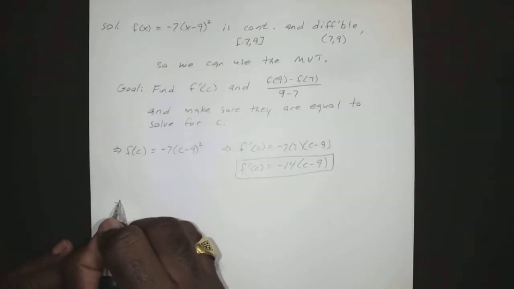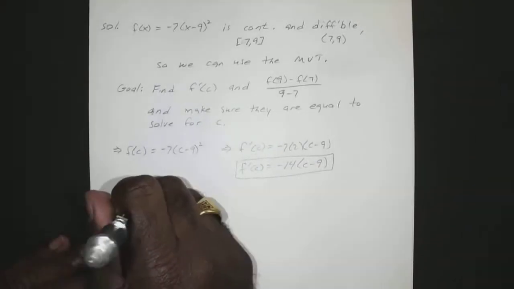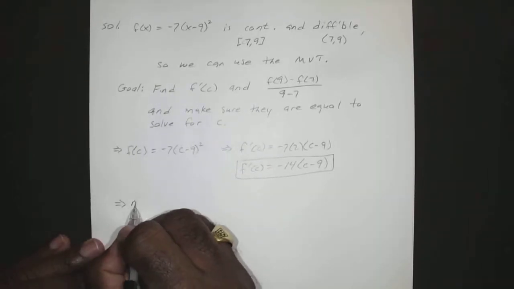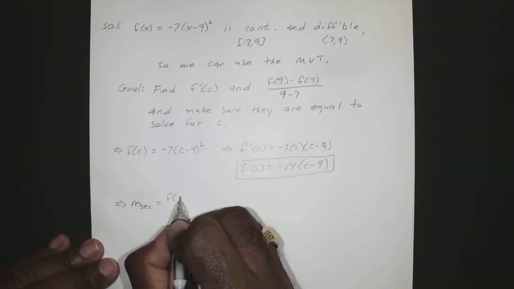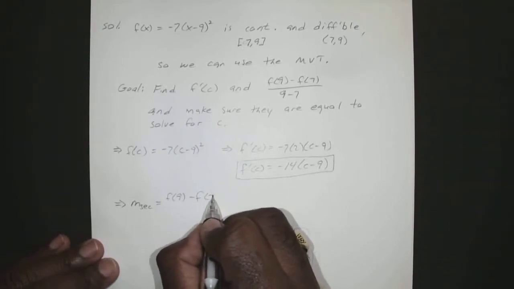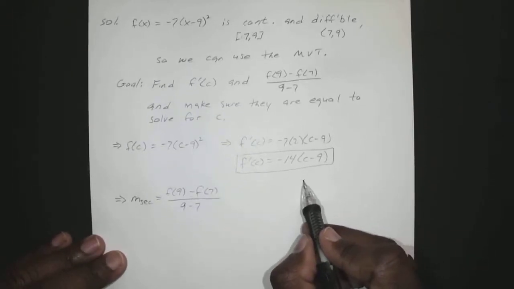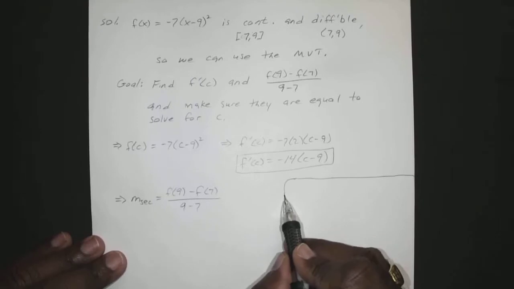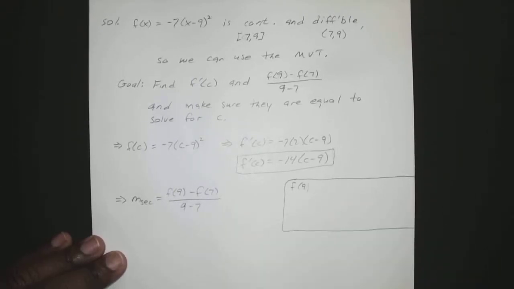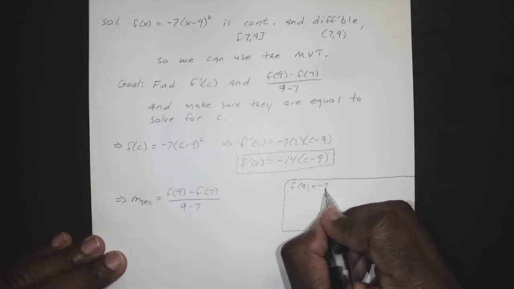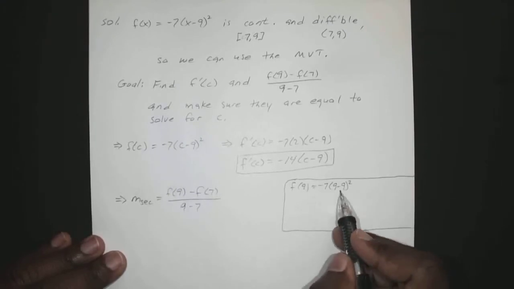Second part, we have to find our slope of the secant line, which is equal to f of 9 minus f of 7 all over 9 minus 7. And I'll do that on the side here. Okay. So f of 9 is equal to -7 times 9 minus 9 squared, which is just 0.